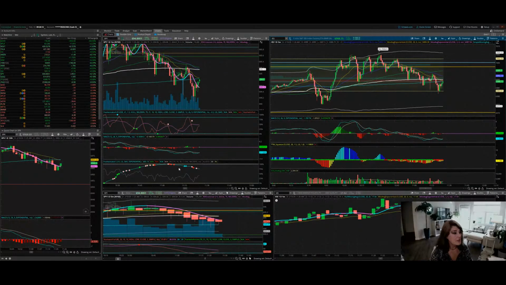Getting a little bounce here, moving up back to the VWAP. Still giving us a little bounce here.